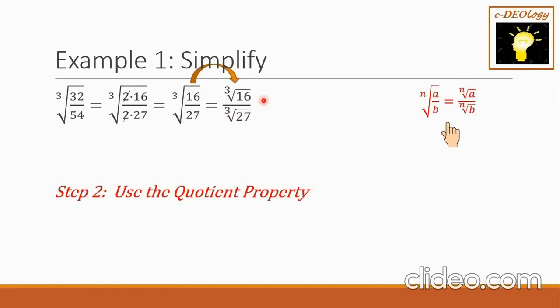We check the radicand of the numerator and denominator to see if they are perfect n-th powers. Since our index is 3, we check if the numbers are perfect cubes. In the numerator, 16 is not a perfect cube. In the denominator, 27 is a perfect cube.